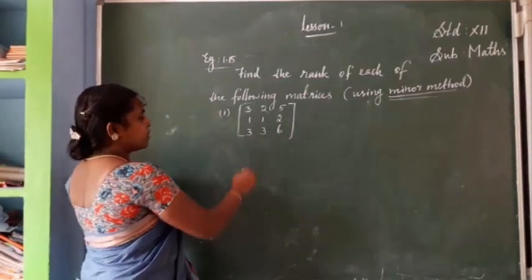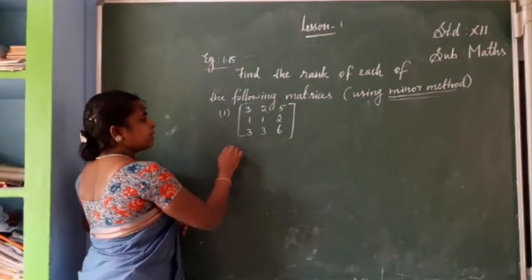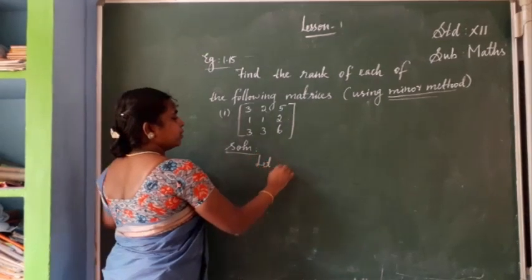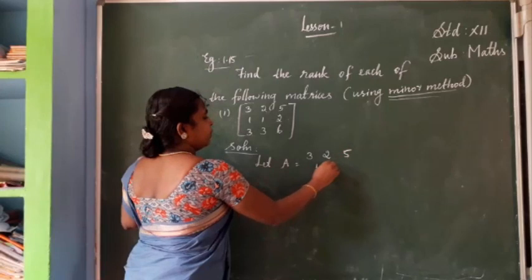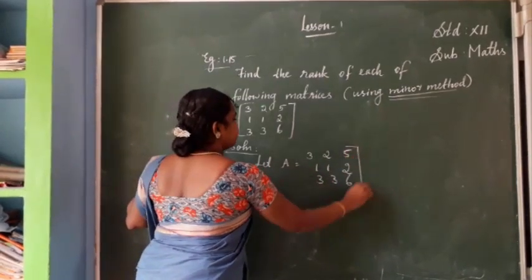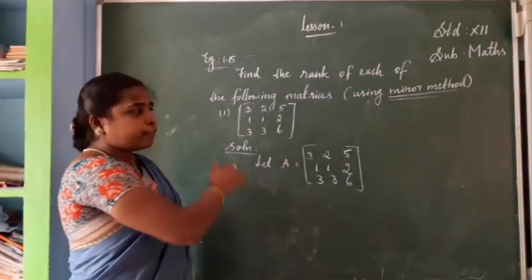Okay, so you listen. First one matrix is given, so you have to take the given matrix A. Solution. Let A equal to 3, 2, 5, 1, 1, 2, 3, 3, 6. After writing A, you have to see the order of the matrix.